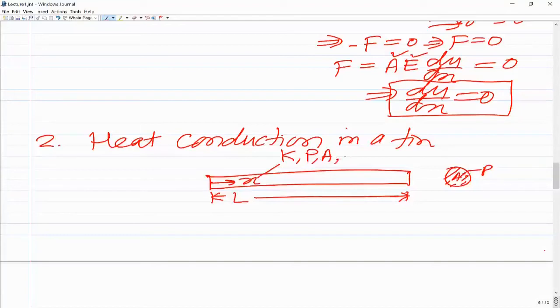Let us say we model that convective heat transfer by the convective heat transfer coefficient h, and the outside temperature is T infinity.